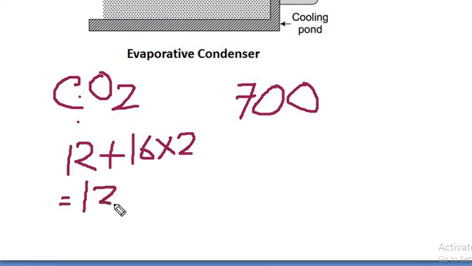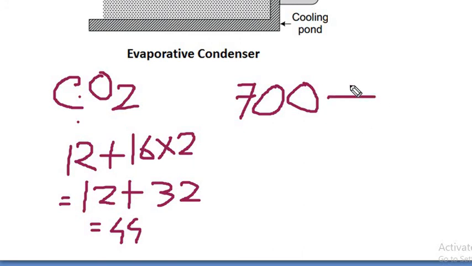12 plus 32. This will be 44. This is the atomic weight of carbon dioxide. So we just add both, 700 plus 44.